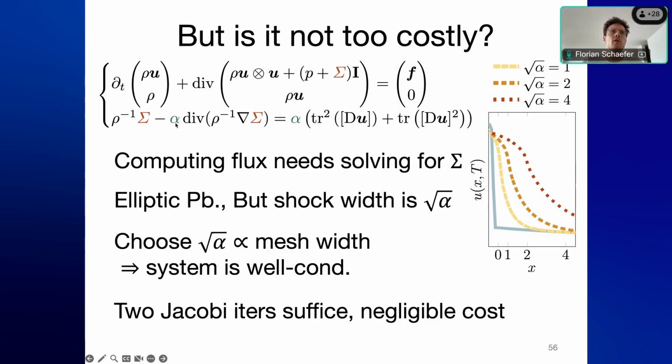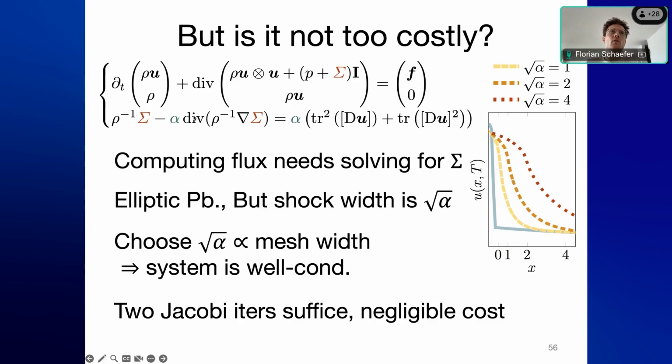And the second important thing to note is that the width of the regularized shock is of the order of square root alpha. Here you see for different values of square root alpha that the width of this regularized shock mimics the width of square root alpha. And so that means that in order to grid resolve the shock, you want to choose alpha of the order of h squared, where h is your mesh size.